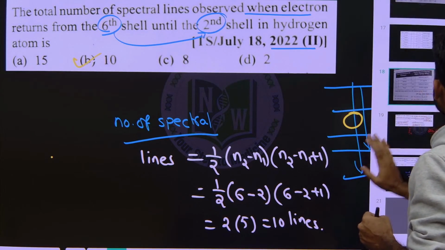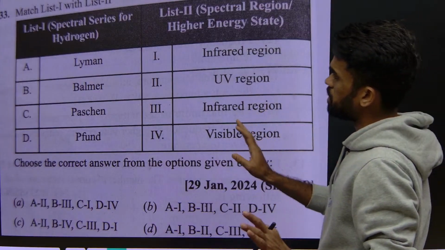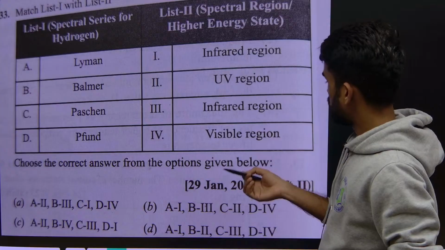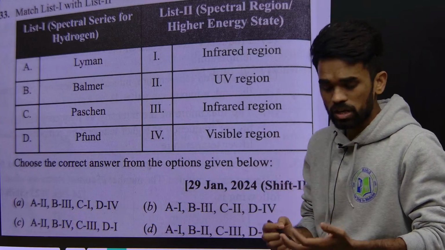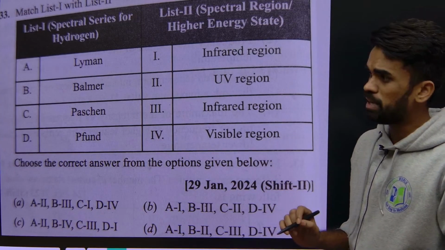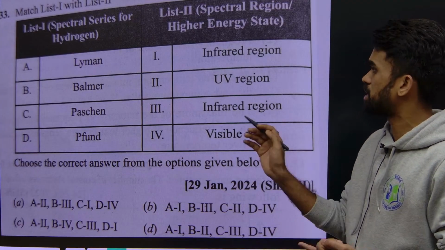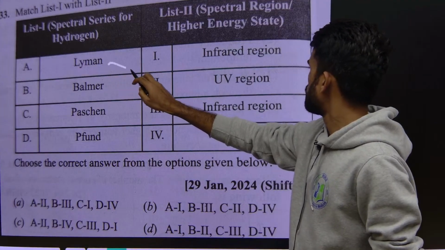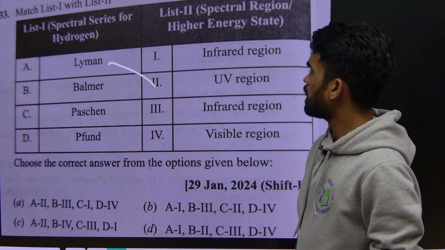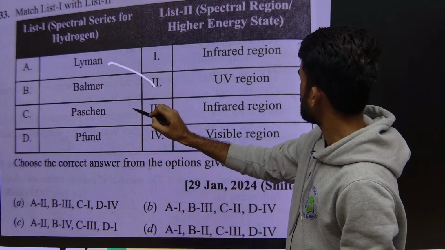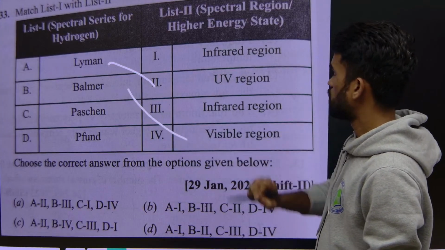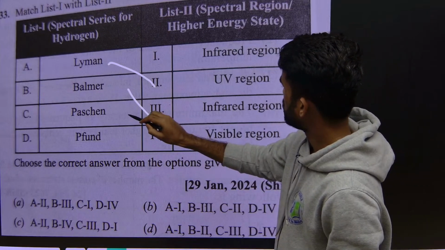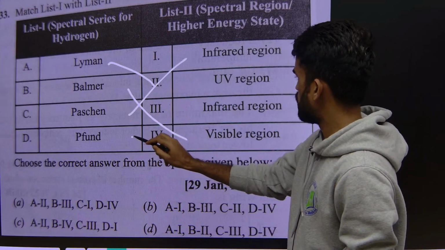Could you answer this one from JEE Mains? Again the same question, a similar concept, everything is the same here, but asked in different exams. We have seen same-concept questions in JEE, NEET and EAPCET. This is from the JEE paper. Lyman series is in UV, Balmer is in visible, Paschen is in IR, and this Pfund series is also IR.